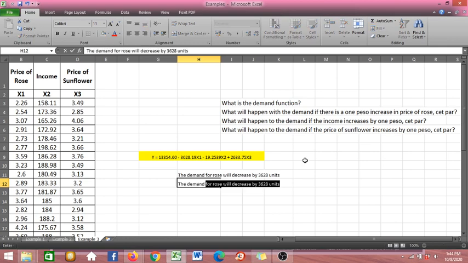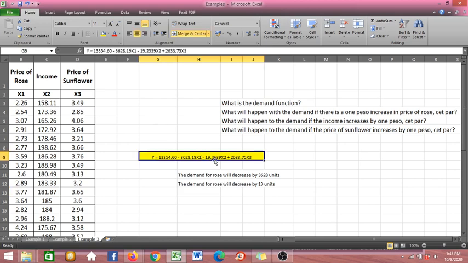So, the demand for rose will decrease by 19 units. Again, we use a whole number because our product is roses. Okay, so the decrease comes from the minus sign and the 19 comes from the coefficient.